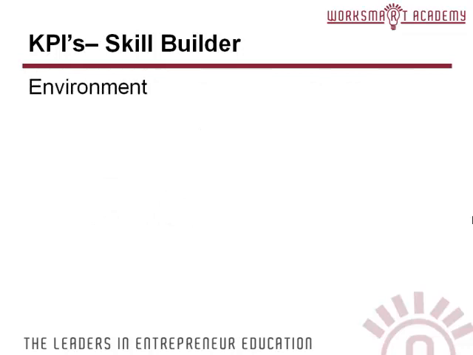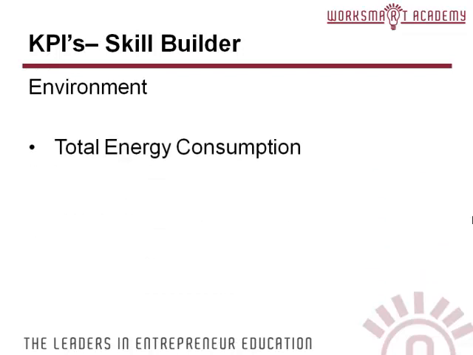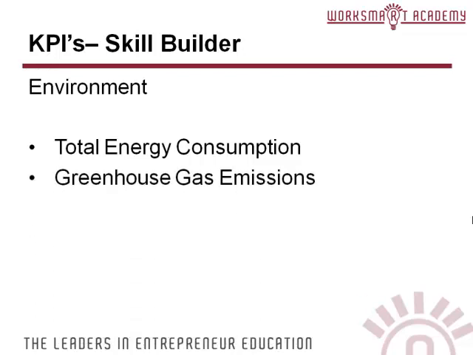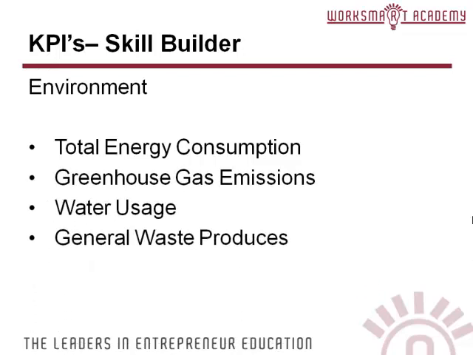This company has placed a great emphasis on tracking their impact on the environment. They determined that the following four KPIs were critical in this area: total energy consumption, greenhouse gas emissions, water usage, and general waste produced.